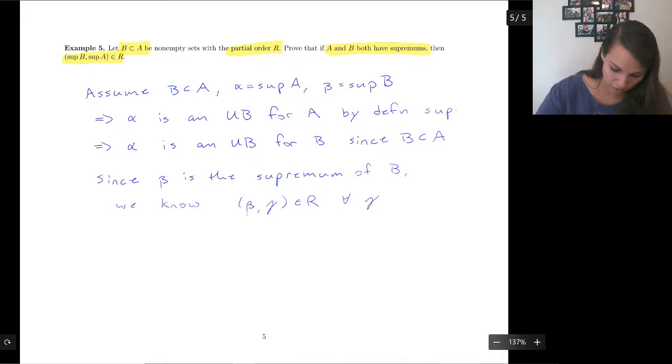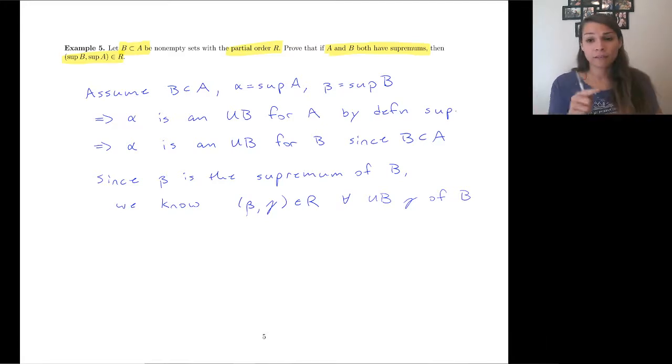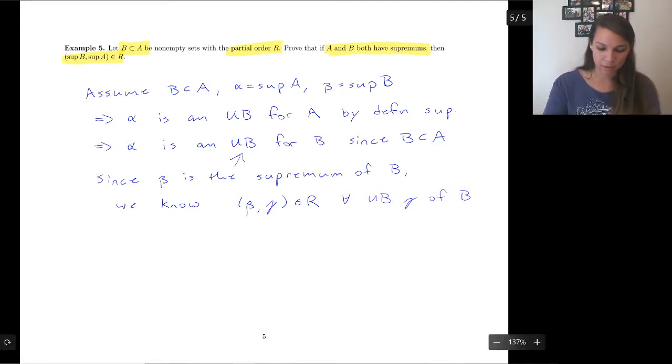So for all upper bounds gamma of B. So beta is less than all the other upper bounds of B. But alpha is one of the upper bounds. I just showed that it's an upper bound.